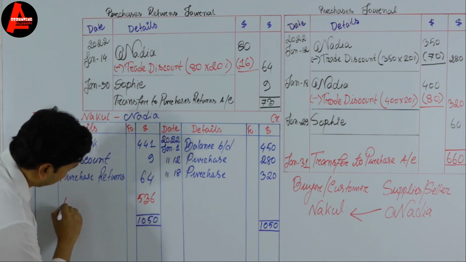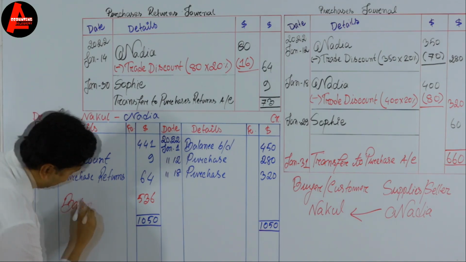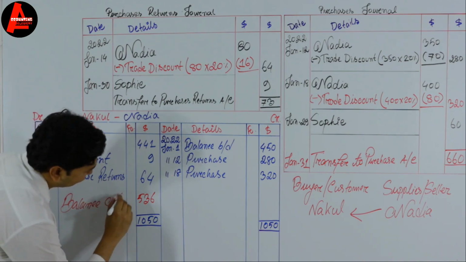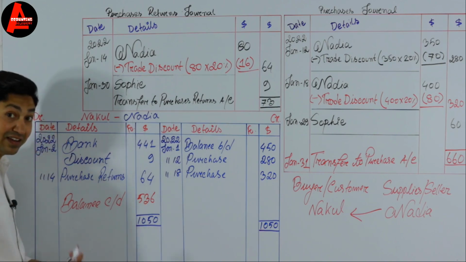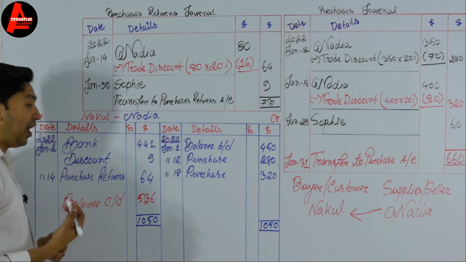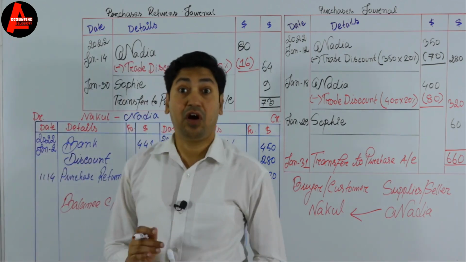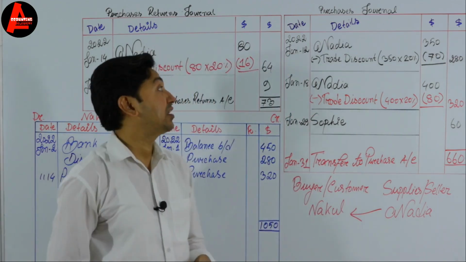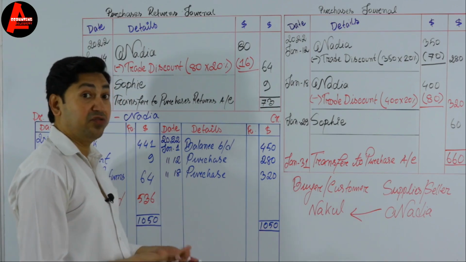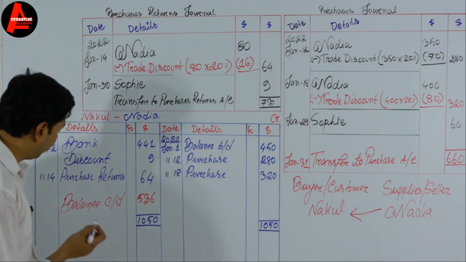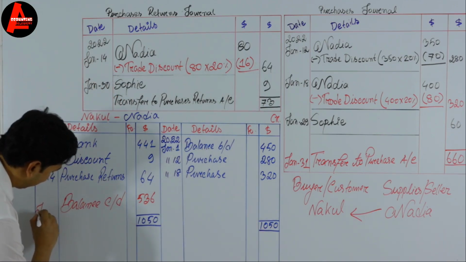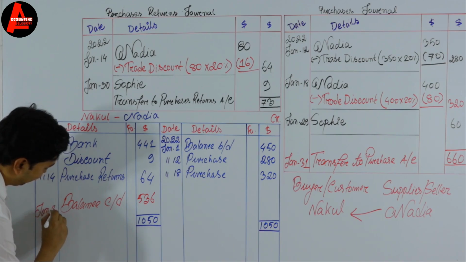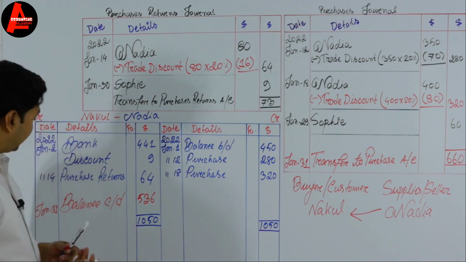We will write it as balance c/d. c/d stands for balance carried down. The date for balance c/d will always be the last day of the month. We are doing this account for January, so the last day will be January 31st.